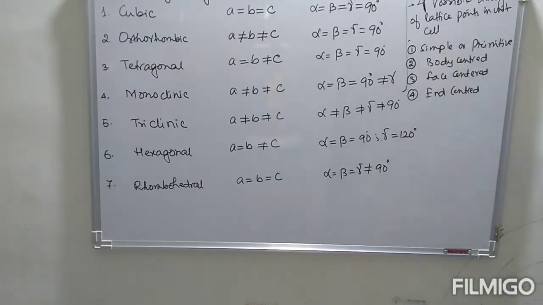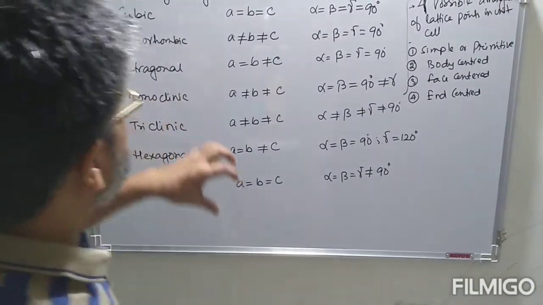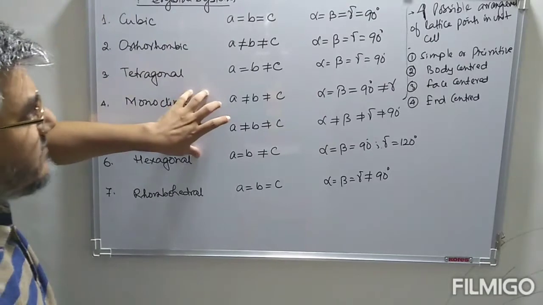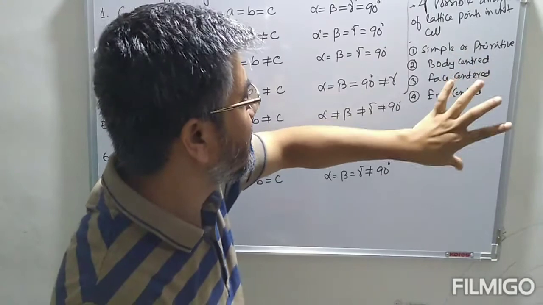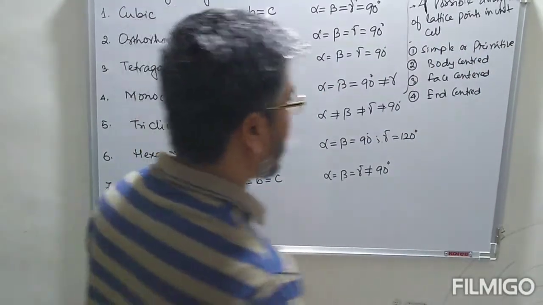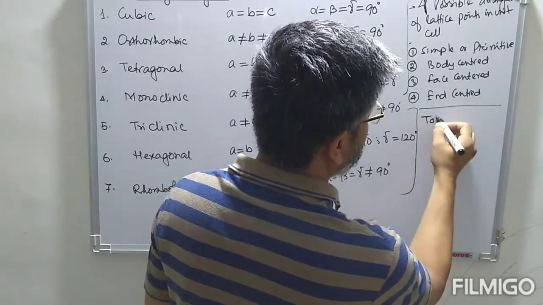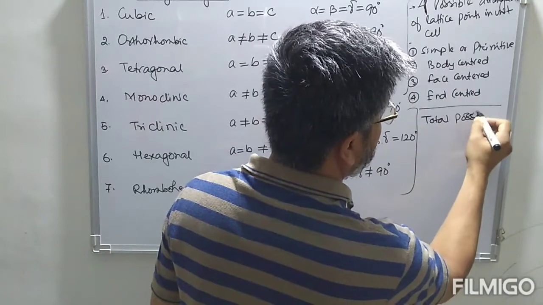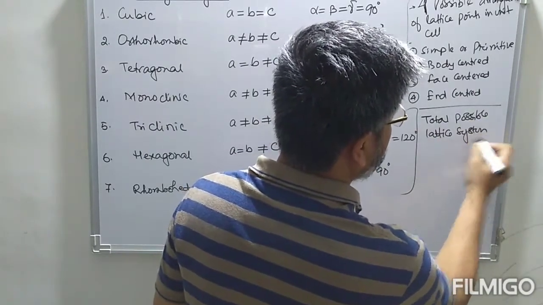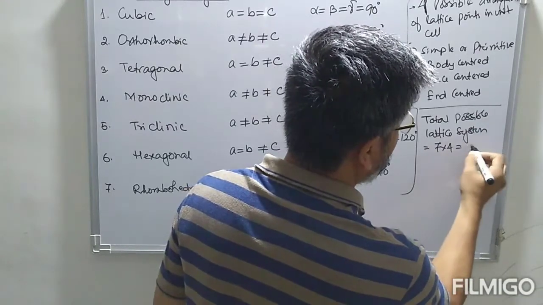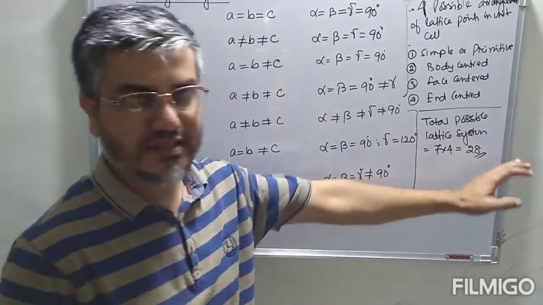So for 7 crystal systems, each has 4 possible arrangements of lattice points. Therefore the total possible lattice systems is 7 into 4, 28. So theoretically there are 28 possible lattice systems.